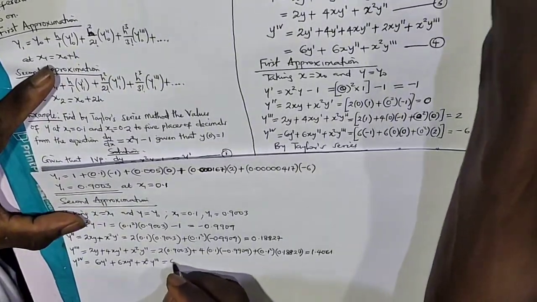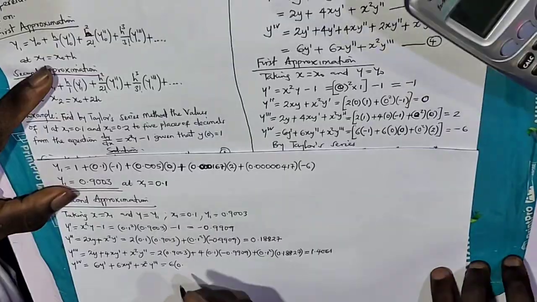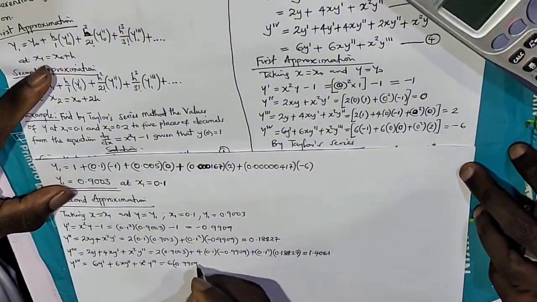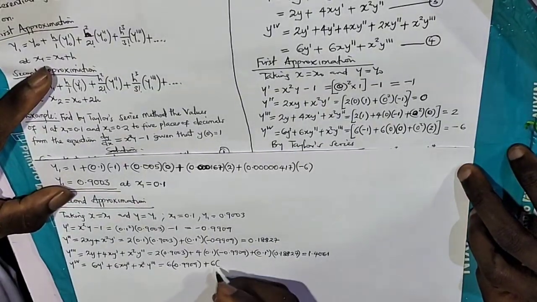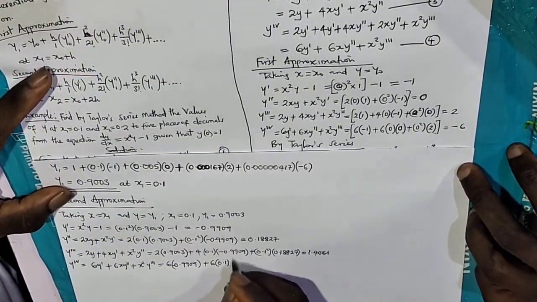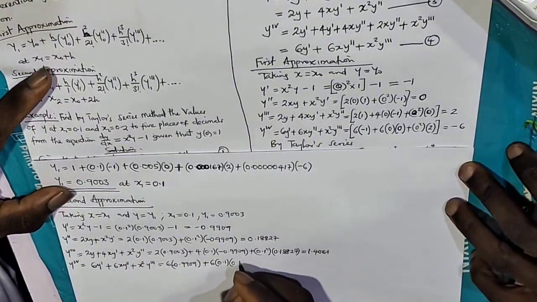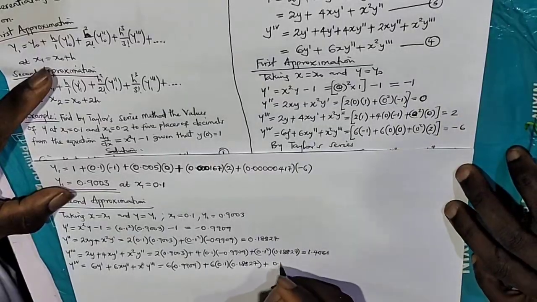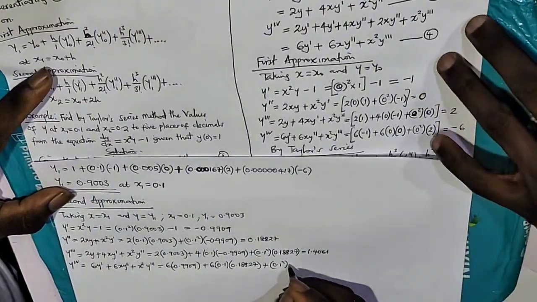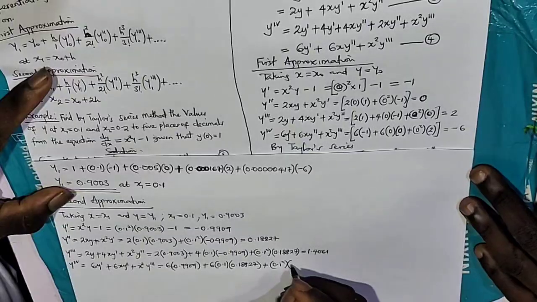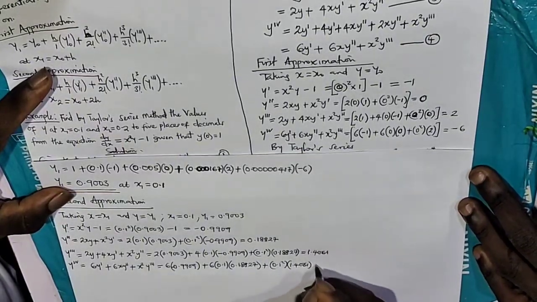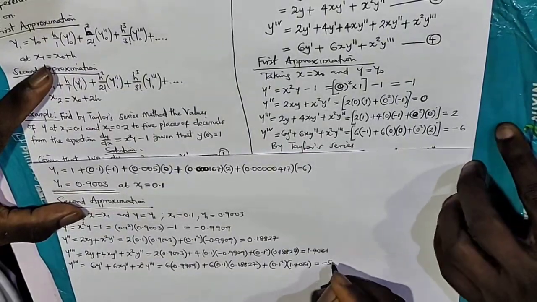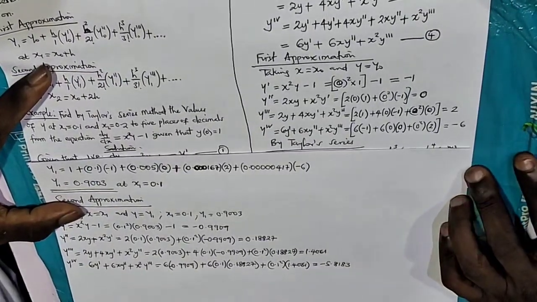So here we are going to have 6 into negative 0.9909 plus 6 into 0.1, y prime prime, which is 0.18827, plus x squared, 0.1 squared, y prime prime prime, which is 1.4061. Our final answer is going to give us negative 5.8183.